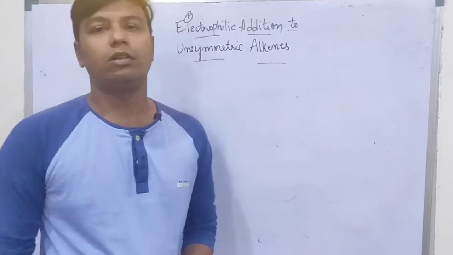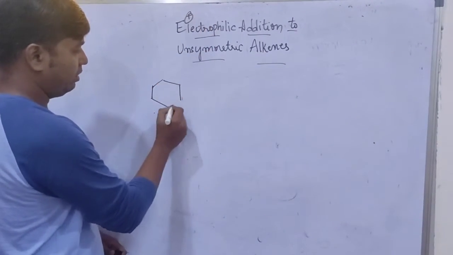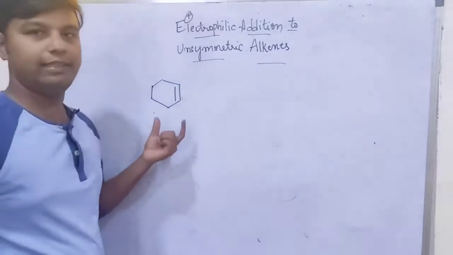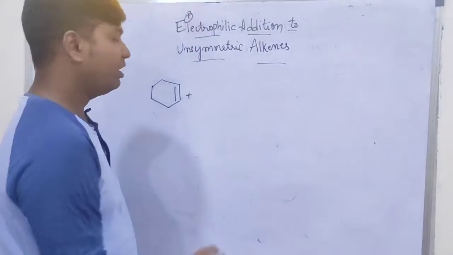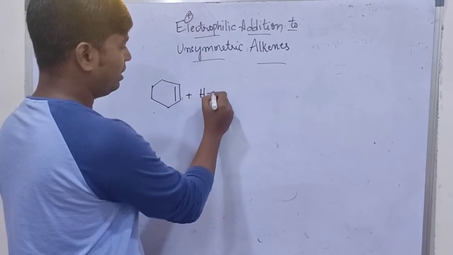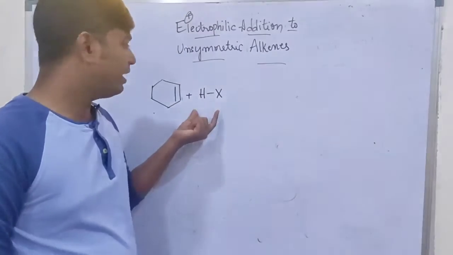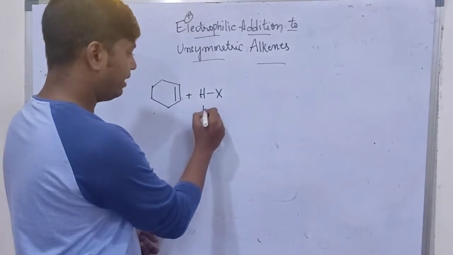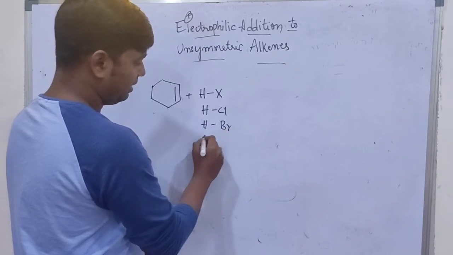So stay tuned. I am taking an example which is a cyclohexene molecule. When the cyclohexene molecule is treated with any hydrogen acid, protic acid we can say, which can be HCl, HBr, HI.